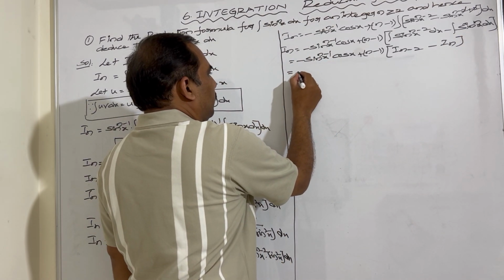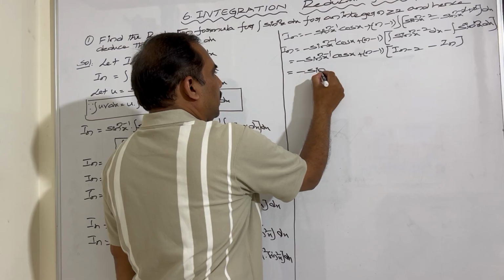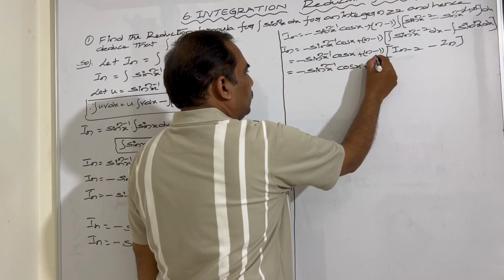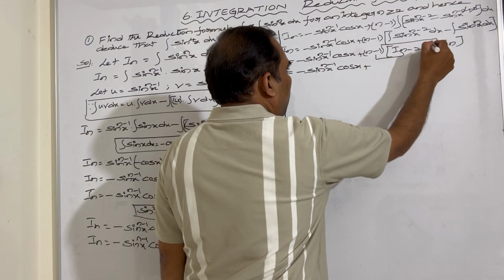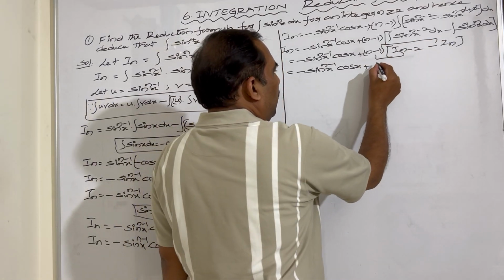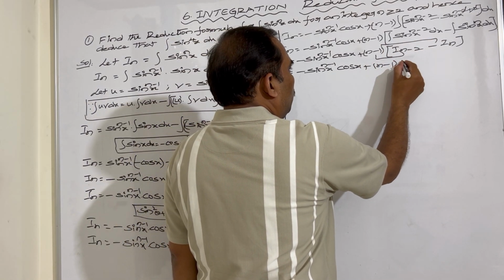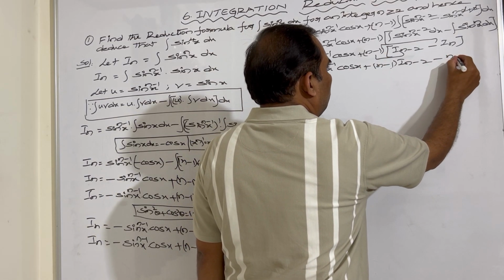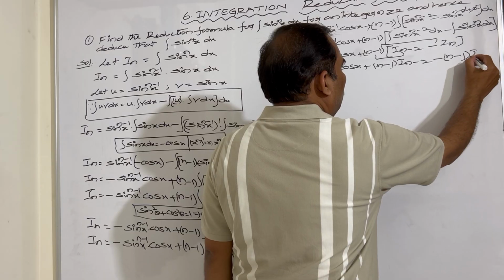So now which is equal to minus sin x power n minus 1 into cos x, and plus if you multiply these two with n minus 1, then we get n minus 1 into I_(n-2), and again plus into minus is minus, so n minus 1 into I_n.